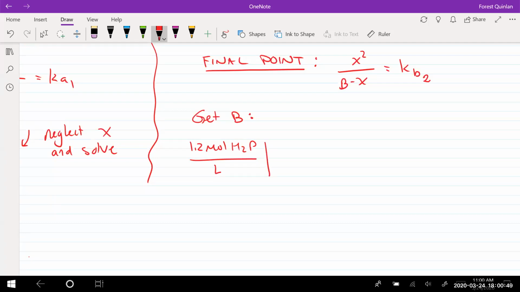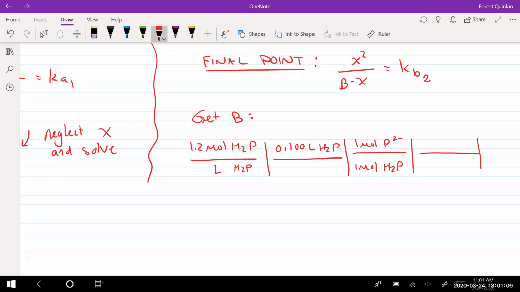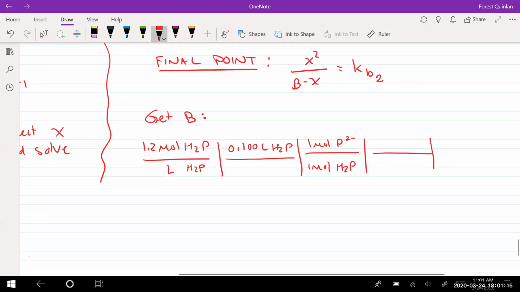We had 100 mils, so 0.100 liters of H2P. We know that it's 1 mole of H2P to every 1 mole of P2 minus. And now at the end of all this, our final volume is going to be that endpoint volume of 300 along with the 100 that we started.